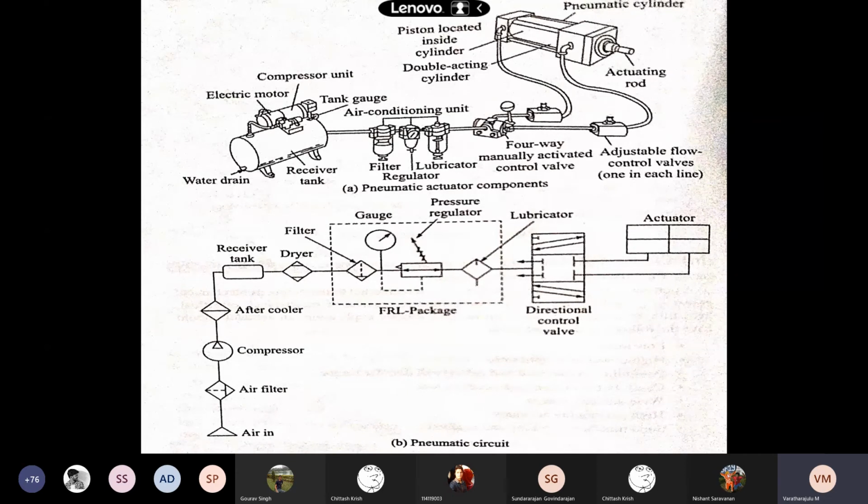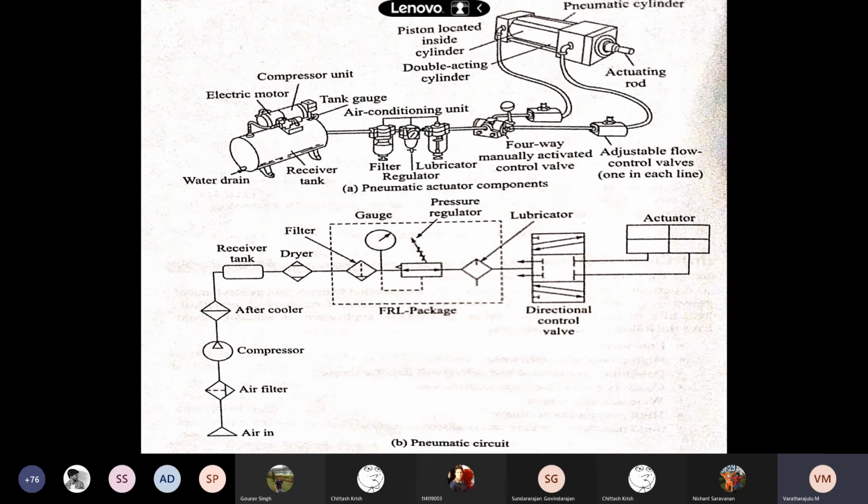We are using the oil again and again. Since air is compressible, pneumatic cylinders are not typically used for applications requiring accurate motion between the endpoints, especially in the presence of varying loads.